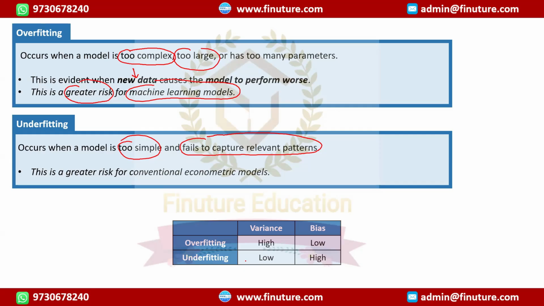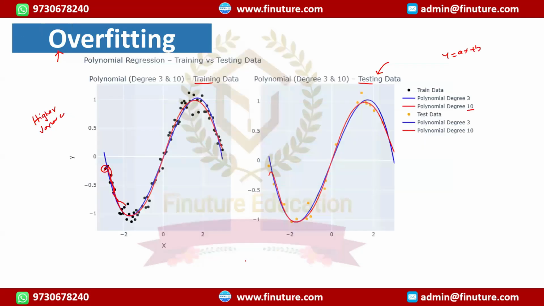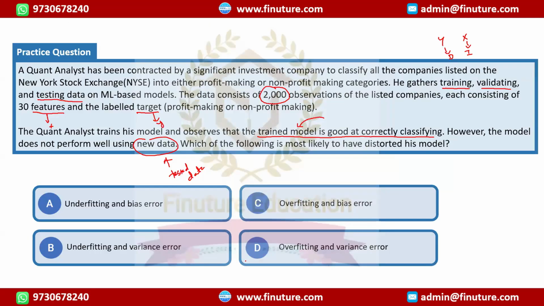So this is about overfitting, underfitting, and the variance and bias aspects of these problems. If you go back to our question, we were given the key information that your model works well for trained data, but when it was applied on new data, it failed.